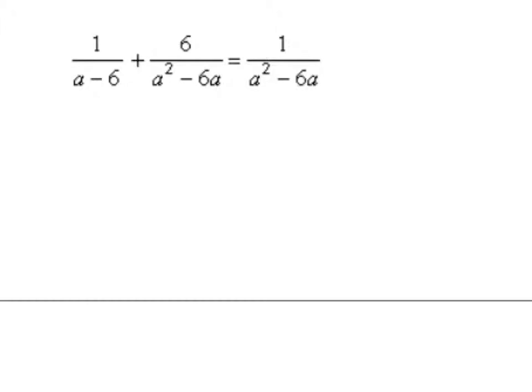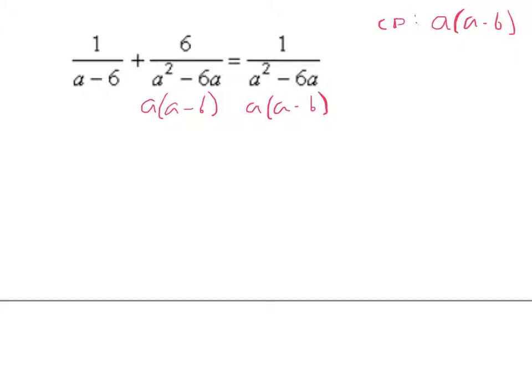So the next one, we have denominators that need to be factored. So we would do so, and this one would have an a in common, which will leave us with a minus 6. The next one, again, take an a out, and we get a minus 6. So our common denominator is going to be a minus 6.